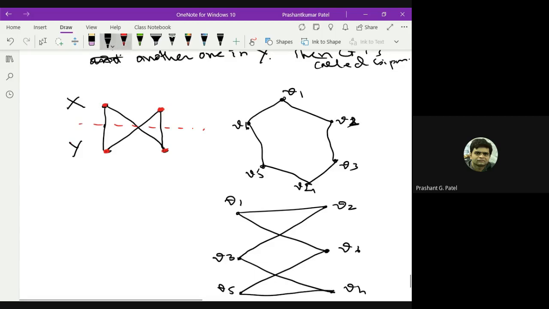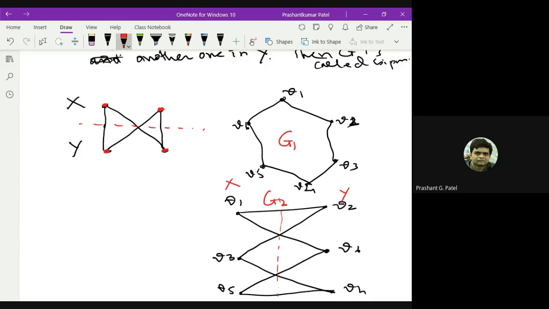So if I divide the vertex set into two parts, that is V1, V3, V5 and another side, this is my X set, this is my Y set. So this graph is actually isomorphic to this graph. This graph G1 is isomorphic to G2, and this G2 graph is bipartite, so G1 is also a bipartite graph.